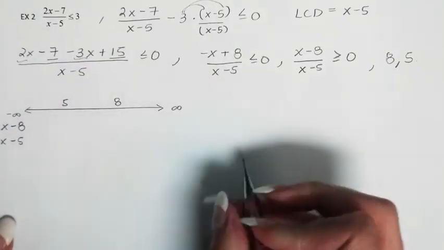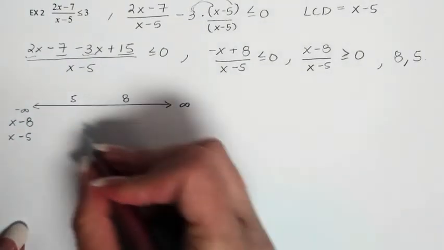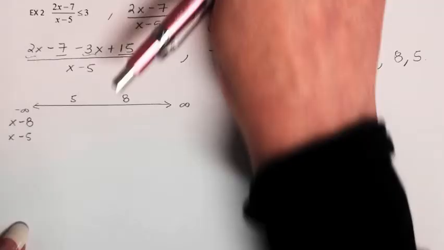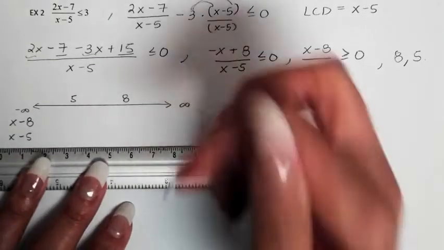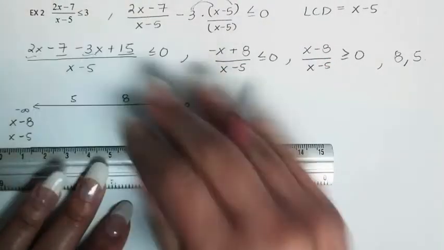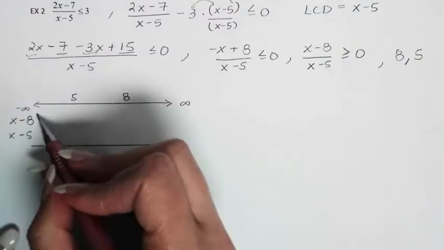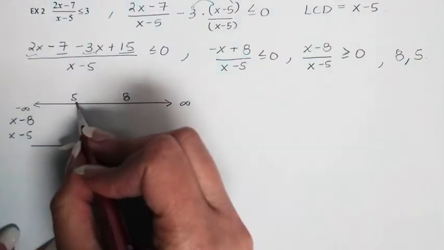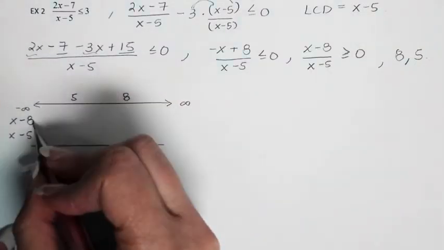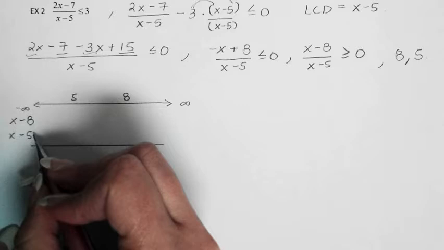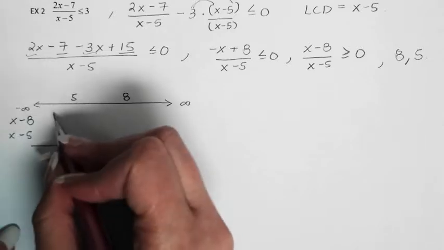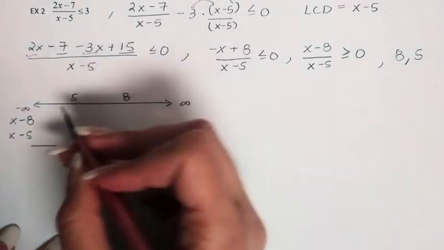Now that you have your factors here, you are going to select a number in between. I'm going to do this line just to keep it organized. So you are going to select a number in between negative infinity and 5 to plug it in these two factors. Honestly, I would do, I don't know, 0.